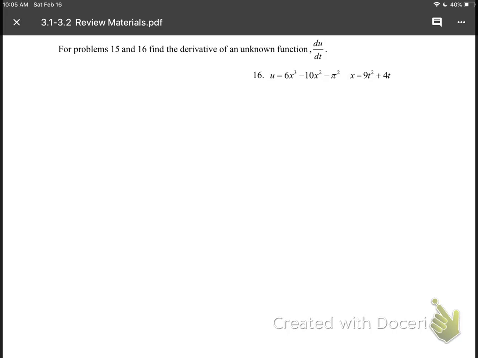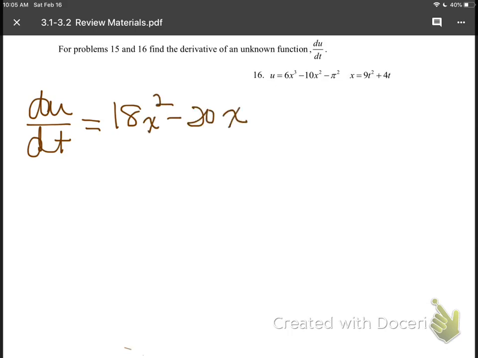We're doing the same thing, only with a little bit more complicated problem. We're still in search of du dt. Let's take your first derivative, and I am getting 18x squared minus 20x. The derivative of minus pi squared is 0 because that's just a number.